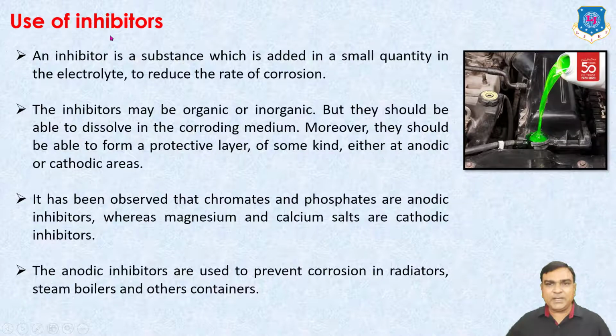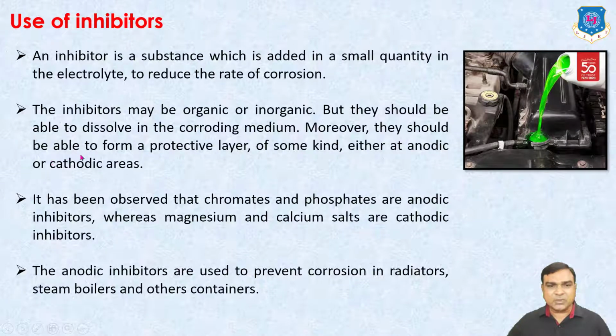Use of inhibitors. An inhibitor is a substance which is added in small quantity to the electrolyte to reduce the rate of corrosion. The inhibitors may be organic or inorganic, but they should be able to dissolve in the corroding medium.